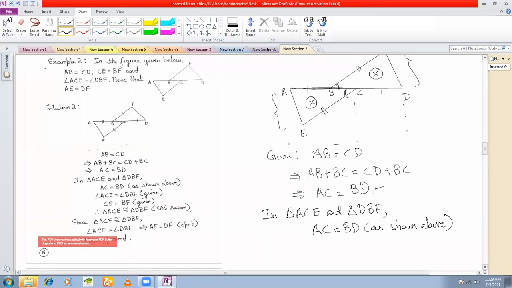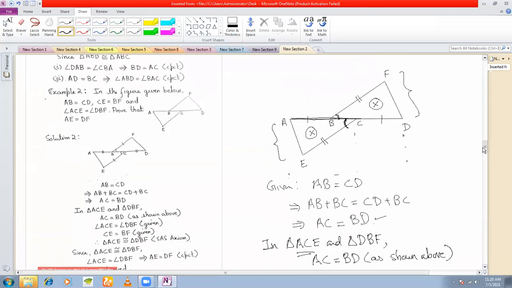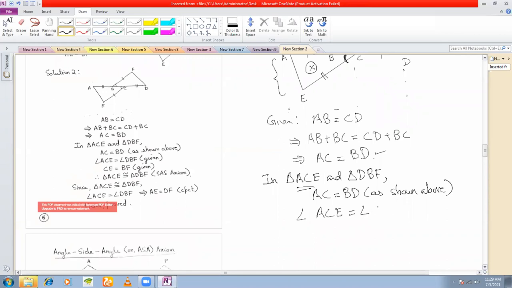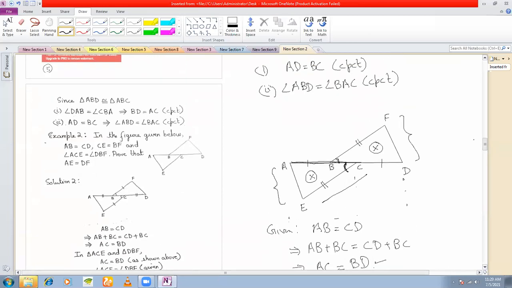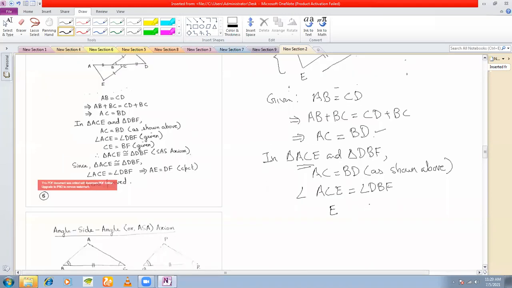These two angles are equal. So since we are writing ACE first, we'll write this angle first. Angle ACE is equal to angle DBF. And what is the third side given to be equal? EC, this length, is given to be equal to BF. We write this. EC is equal to BF. This is given. And this is also given. Therefore, you say triangle ACE is congruent to triangle DBF.